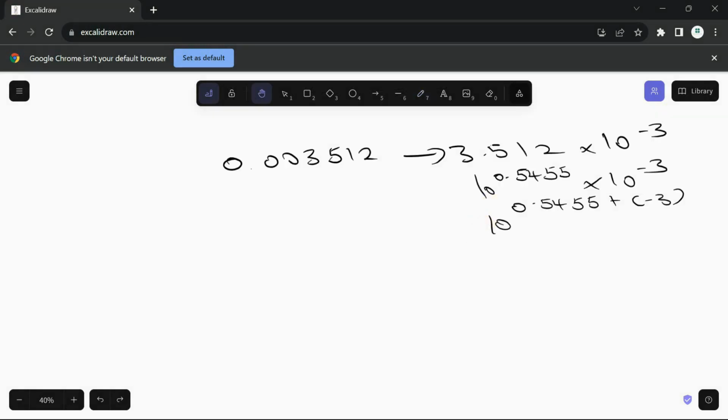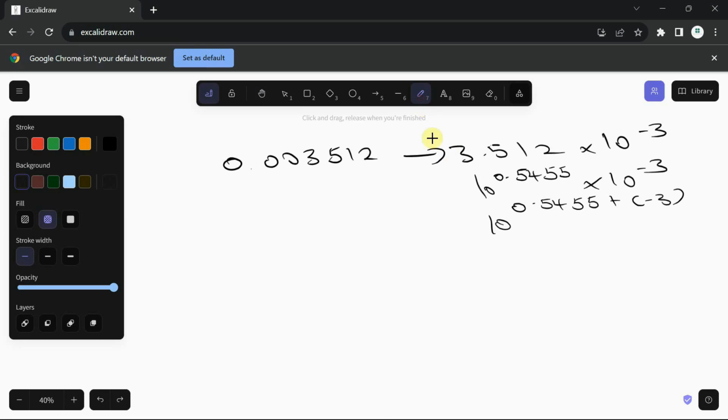But in logarithm, there is something very interesting that we have to do. We have to maintain the integrity of this minus 3. If I do 0.5455 plus minus 3, I'll be having minus 2 point something. But if I do it that way, when I want to do the antilog, which is going from the logarithm back to the number, the value that I will get would not be correct.